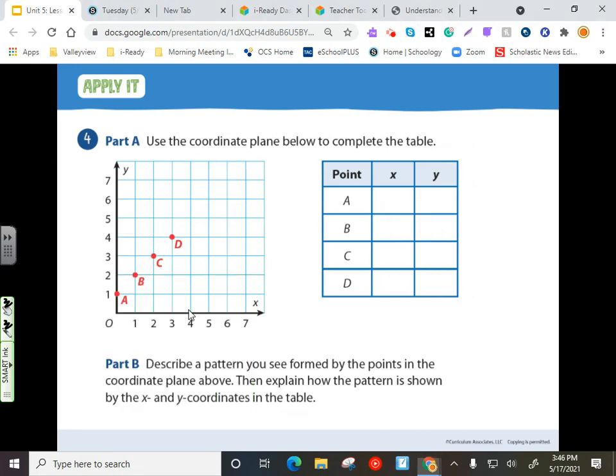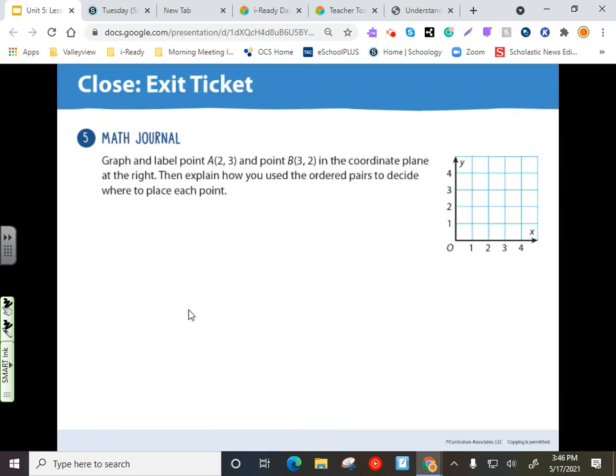All right, last part here, 5. Graph and label point A and point B in the coordinate plane at the right. So let's do A is 2, 3. B is 3, 2. And explain how you would use the ordered pairs to decide where to place each point. What that means is kind of like we did with our warm-up.